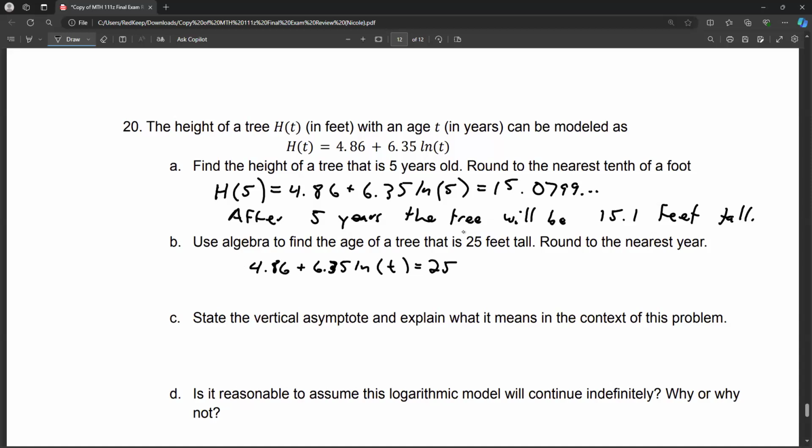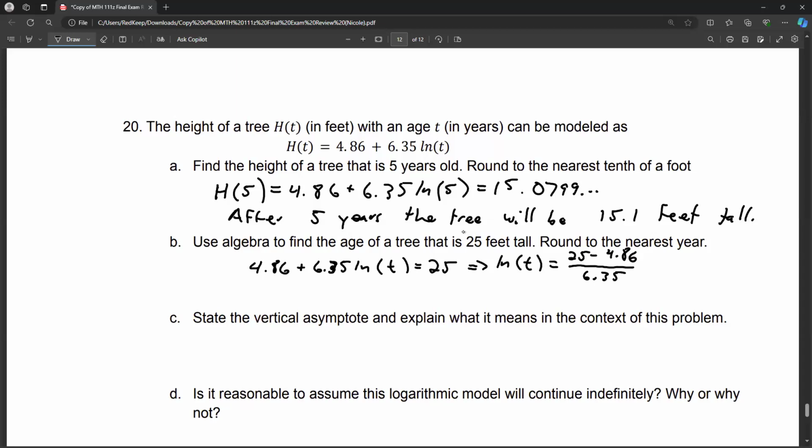Okay, so next we're going to go after our t value. To solve for our t value, we'll likely just start by subtracting 4.86 from both sides, and then we'll divide by 6.35. So I'll have the natural log of t on one side, and then 25 minus 4.86 divided by 6.35.